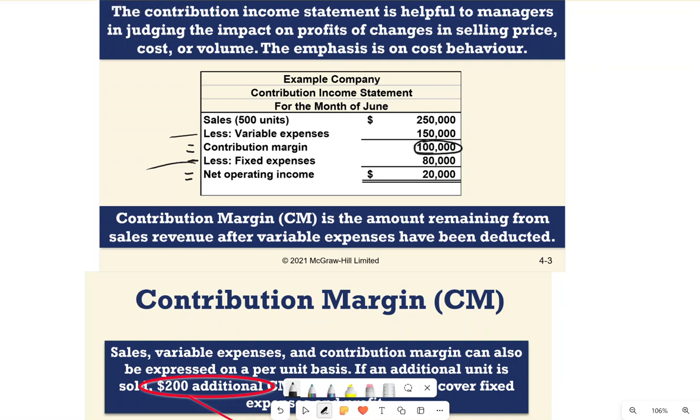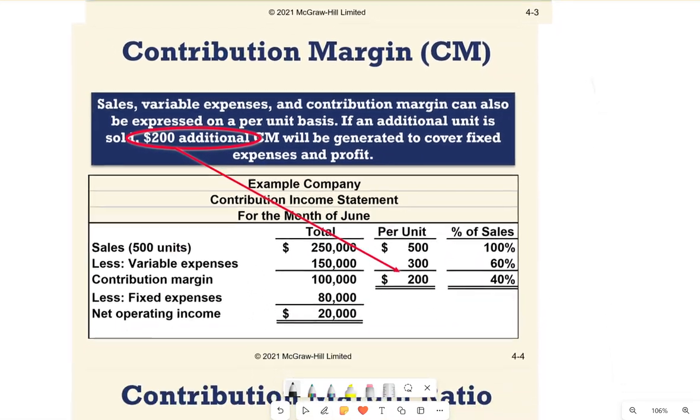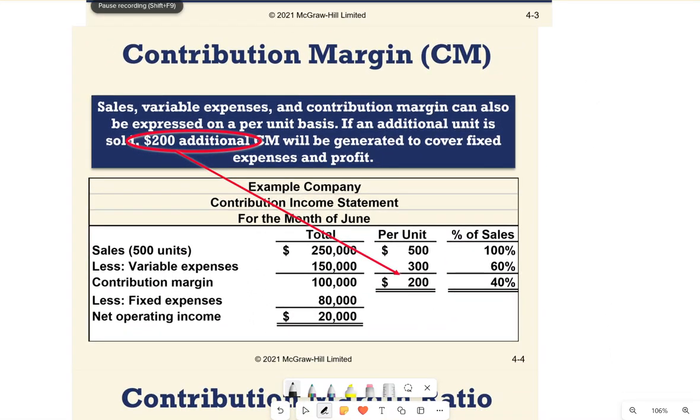If you sold 500 units, your margin on those 500 units will be 100,000. Before we get to it, we need to calculate the contribution margin per unit and the contribution margin in the form of a percentage.